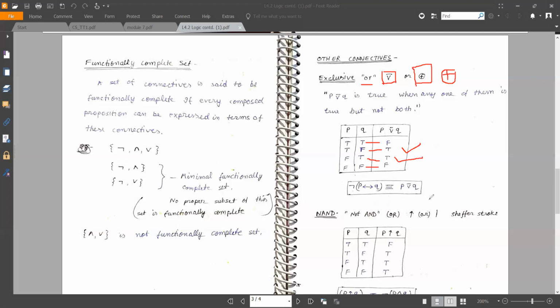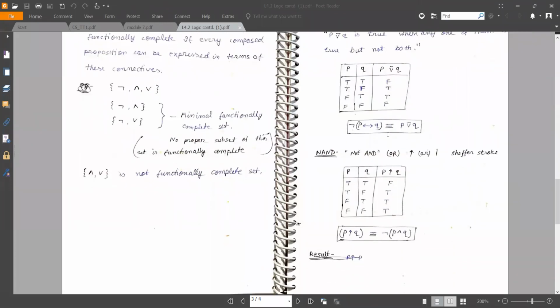Similarly, we have the NAND connective. There are various other connectives; exclusive or and exclusive NOR are more suited to Boolean algebra and binary arithmetic. Another connective is the NAND operation.